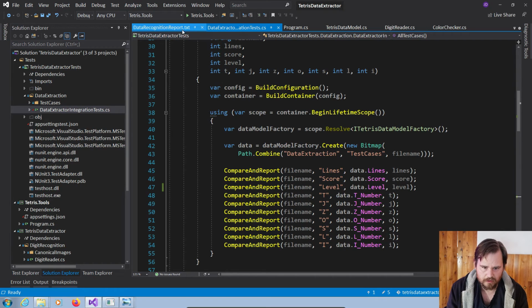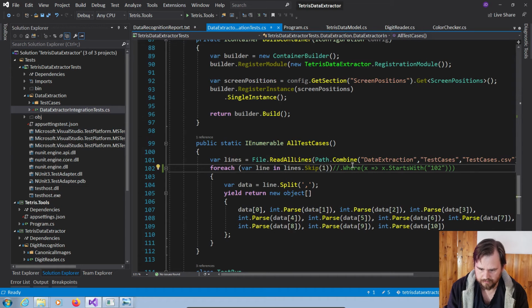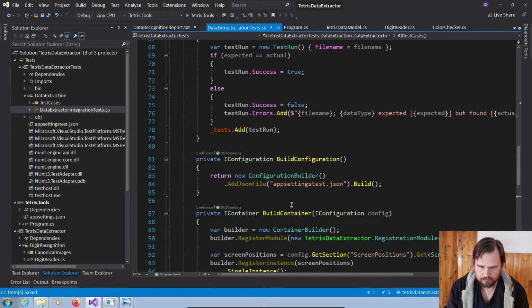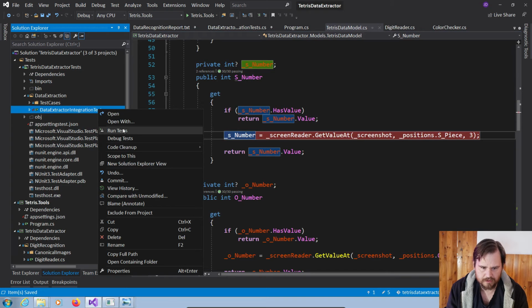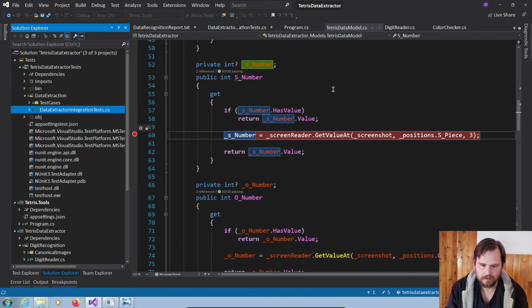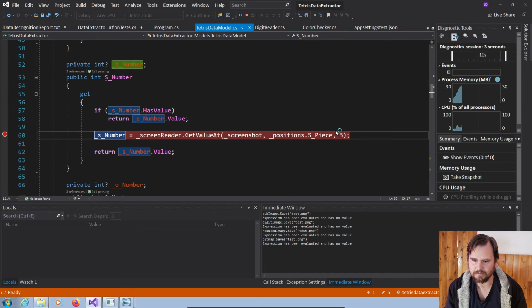Okay, so we're going to run 105. And again, it's only the S's, which is bizarre. That's a really strange one to me. I'm not sure what's happening at that specific position of the screen.